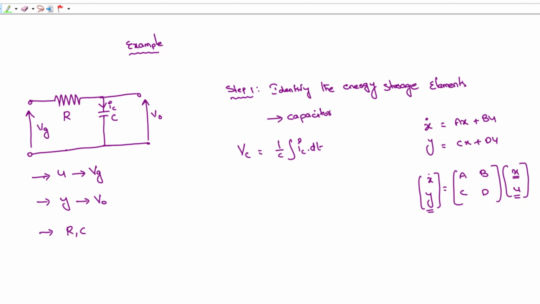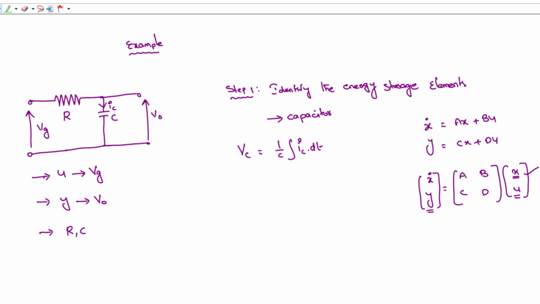So x is the state variable. That means the state variable we should get is Vc.